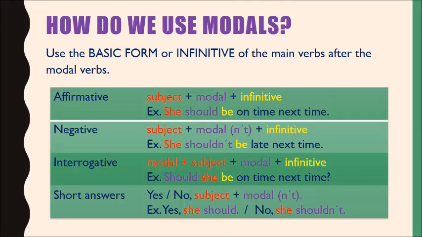Now that we are using modal verbs, we are going to put them in that position at the beginning of the sentence. Then the subject, then the main verb in infinitive or simple form. Example, should she be on time next time? Yes or no, the subject plus modal verb. Yes, she should, or no, she shouldn't.